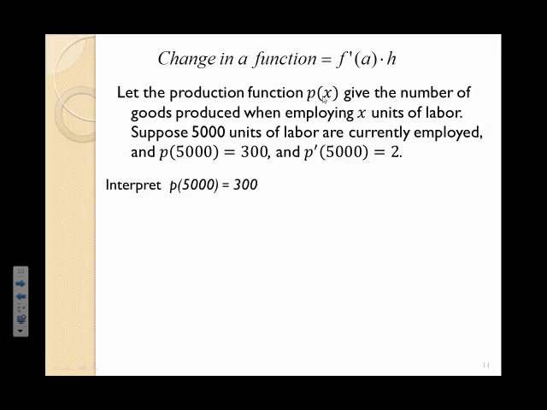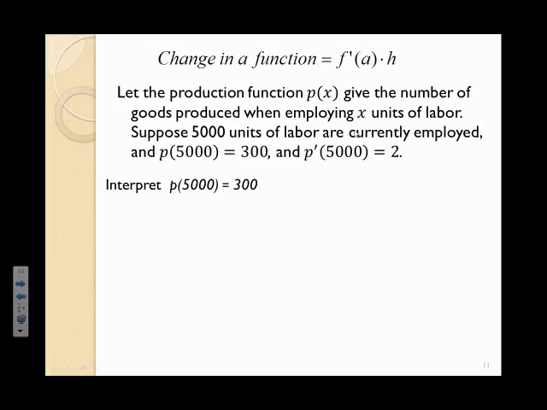When we talk about P here, it's production, and P of x gives the number of goods produced. So P of x, equaling 300, would be the number of units that are produced.